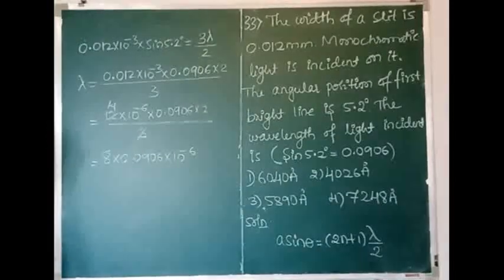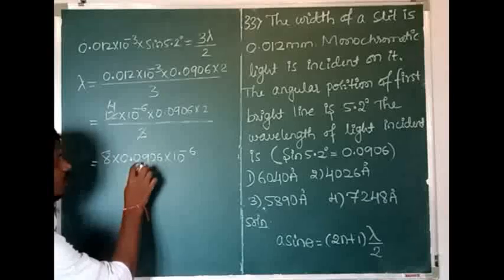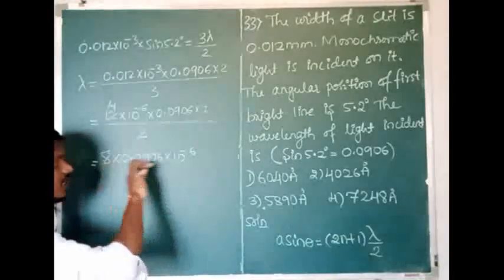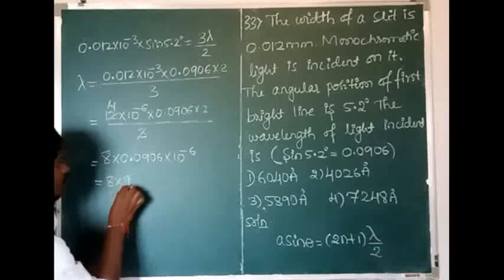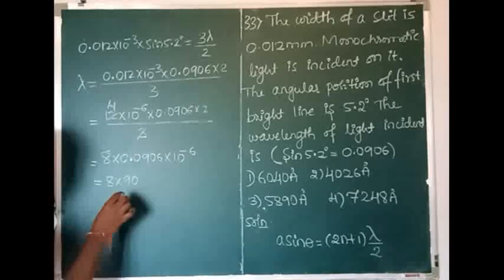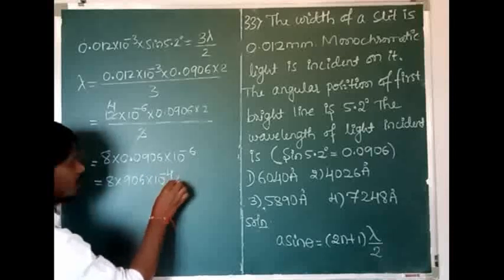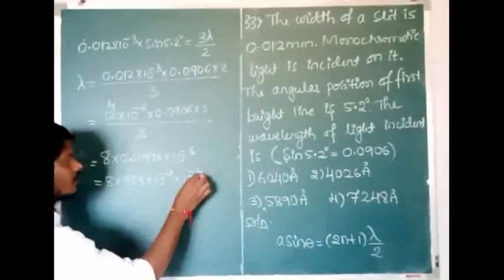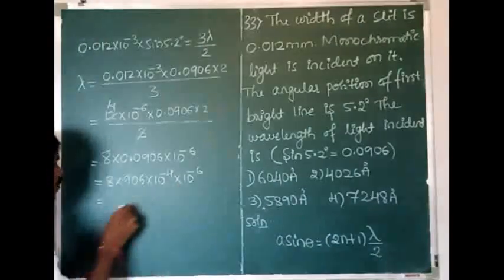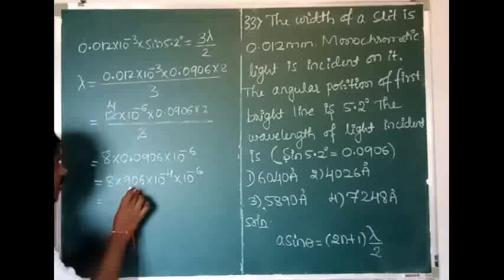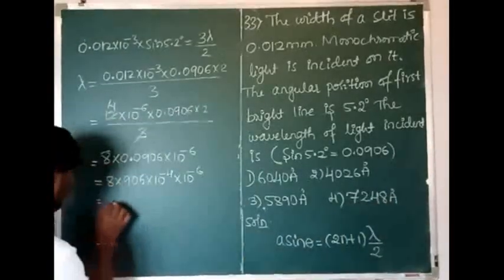Okay. So again I will displace the decimal point after how many digits here? 1, 2, 3, 4. In which direction? Right direction. We can write 8 into 906 into 10 to the power of minus 4 into 10 to the power of minus 6. Then it is 10 to the power of minus 10. Then 8 into 906, that is how much? 7248.